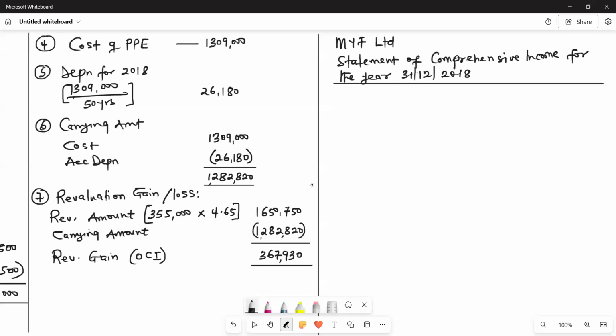So profit or loss. Along the line we were at 300, but it has reduced to 194. So that is depreciation, 26,180.